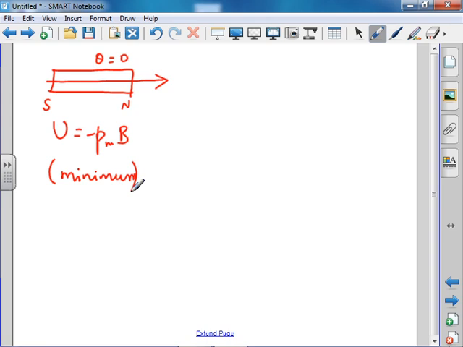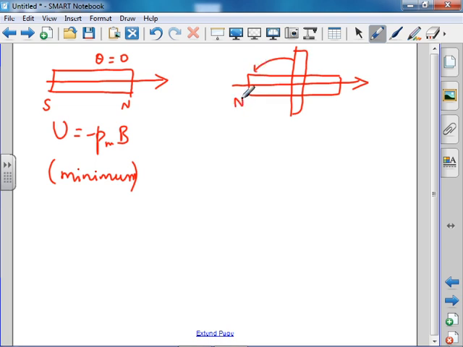Okay. Then when will it be maximum? When it is aligned anti-parallel to the external magnetic field. This is the direction of the external magnetic field. If the magnet is aligned anti-parallel, and if its initial position is like this and it rotates so that the north and south poles are swapped, then theta is equal to 180 degree.